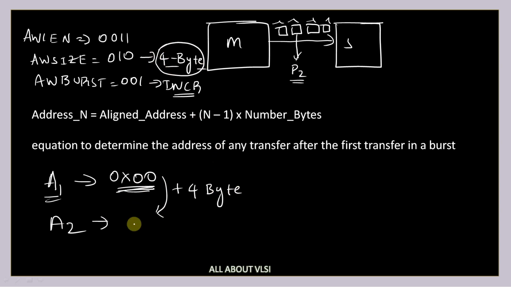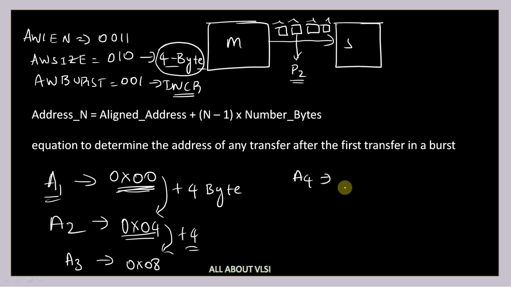So A2 is 4. And A3 is the current address plus size, that is 4 plus 4, which is 8. And the next address A4, corresponding to packet P4, is 0C. Okay, so like this we are going to consider our addresses.